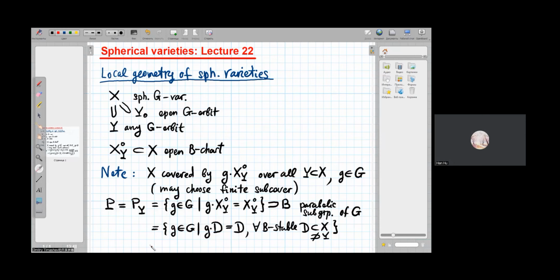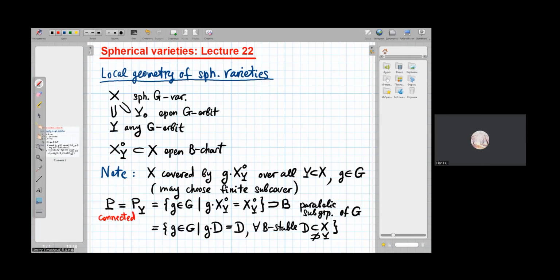A connected algebraic group acting on a finite set of subvarieties cannot permute them, because it is connected.